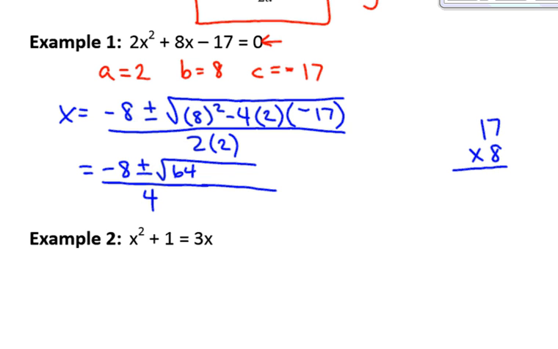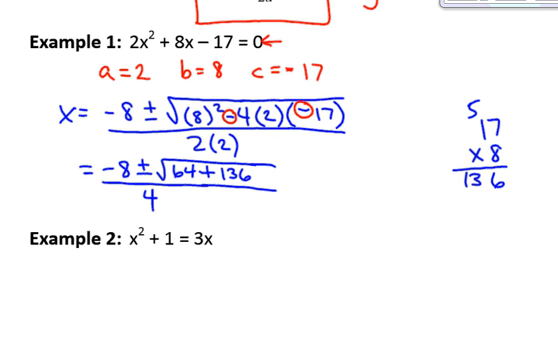Try not to use a calculator here. 7 times 8 is 56. 8 times 1 is 8, plus 5 is 13. So 17 times 8 is 136. Also notice, and don't forget, you have this negative 4 times this negative 17, so when those multiply, you're going to end up with a plus 136.